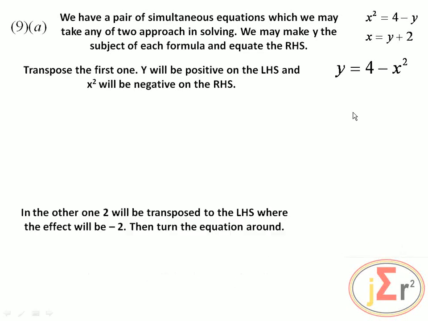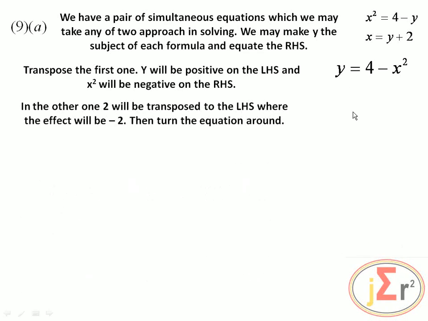What about the other one? Cause the y to stand still and transpose 2 to the other side. So we have x minus 2 is equal to y. So y is equal to x minus 2.